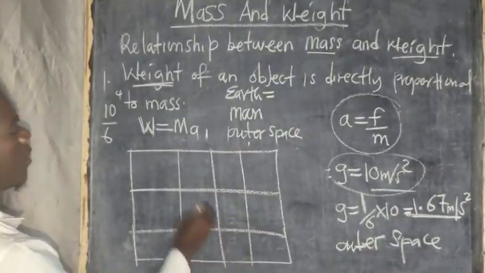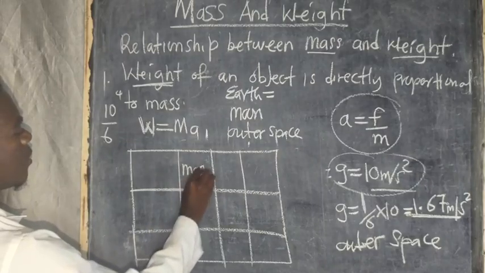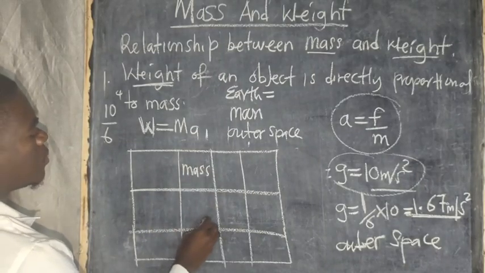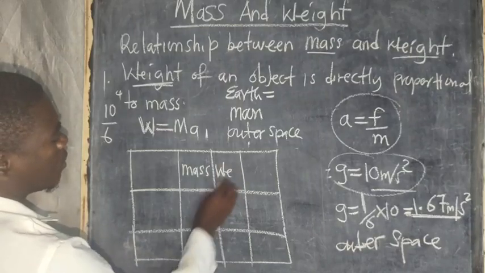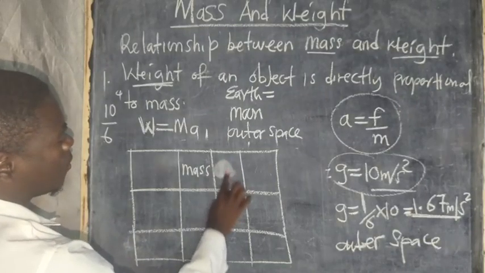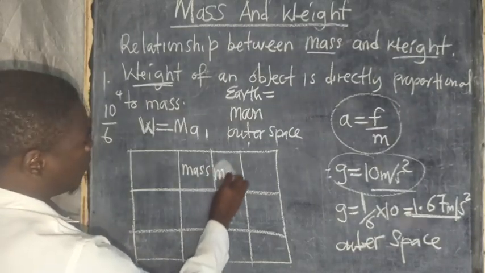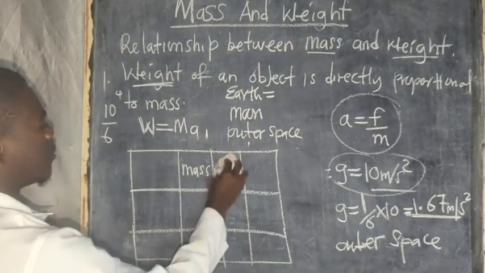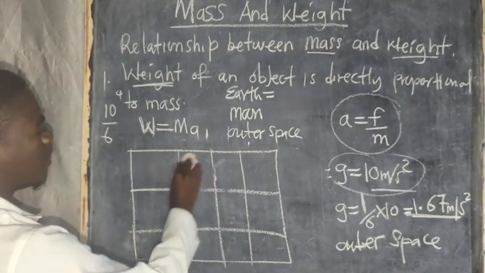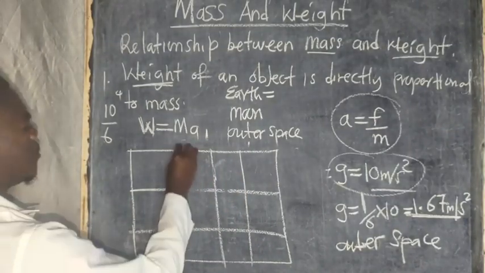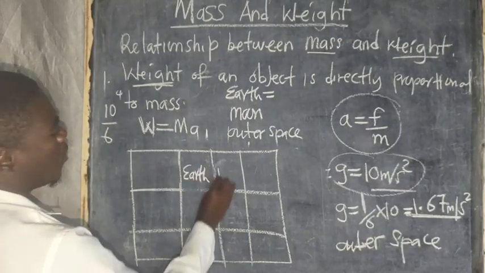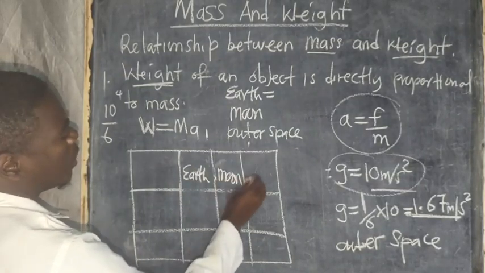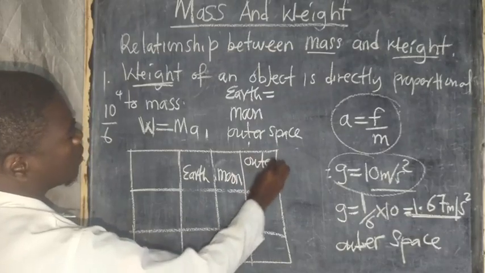There is mass, and we are also talking about weight. So on the earth, on the moon, and outer space.